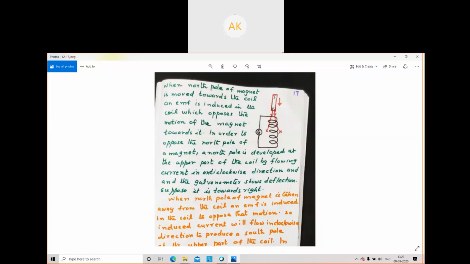According to Lenz's rule, the polarity of the induced EMF is such as to oppose the cause which is producing it. What is producing the EMF? That cause is opposed by inducing current in the coil, thereby a pole is developed to oppose that north pole, with anti-clockwise direction current.